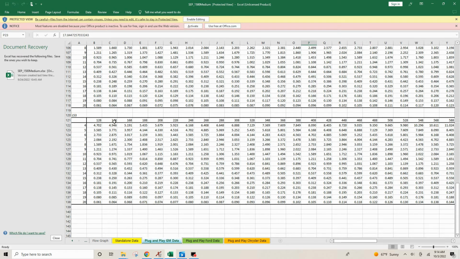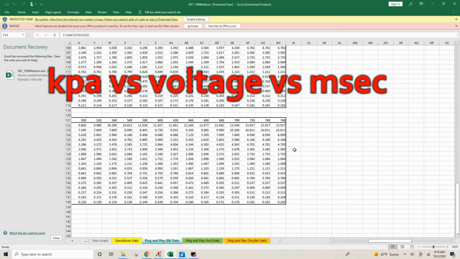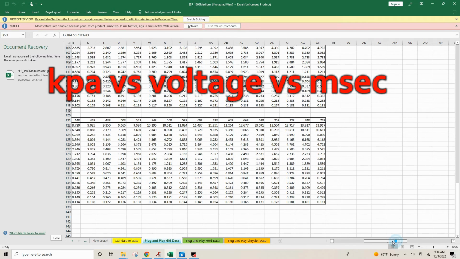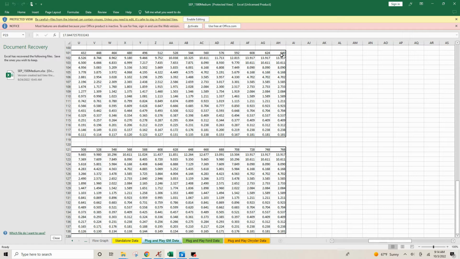This is in kPa again, kPa versus voltage, and then versus gallons per second. You can see that it goes all the way up to 768 kPa. It's the same thing for the early LS7 chart.